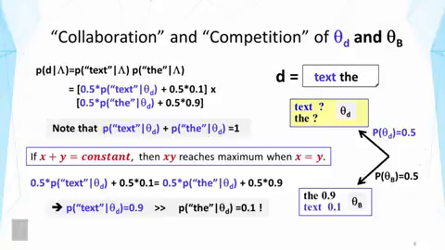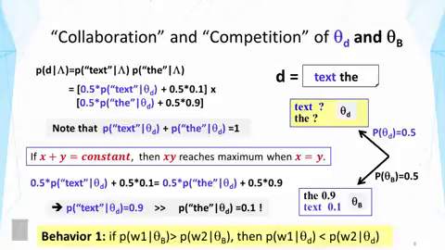In particular, in order to make them equal, the probability assigned by theta sub d must be higher for a word that has a smaller probability given by the background. And this is obvious from examining this equation, because the background part is weak for text. It's small. So in order to compensate for that, we must make the probability of text given by theta sub d somewhat larger so that the two sides can be balanced.